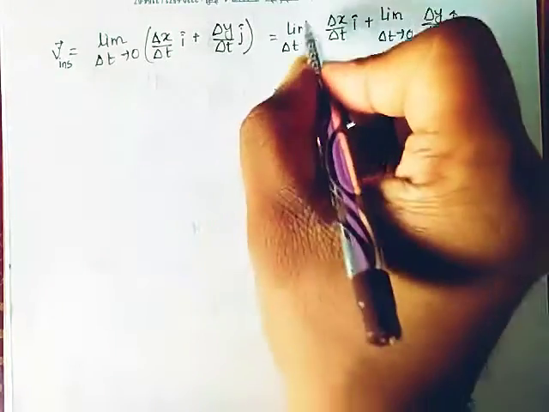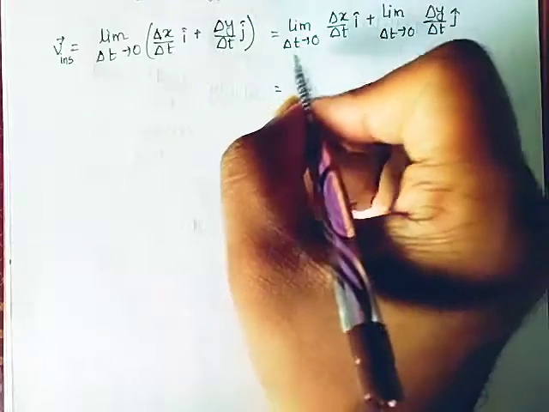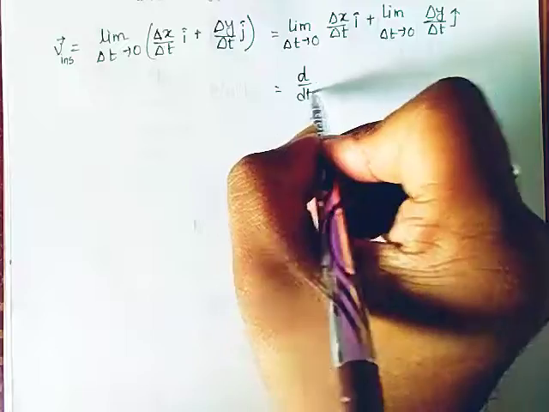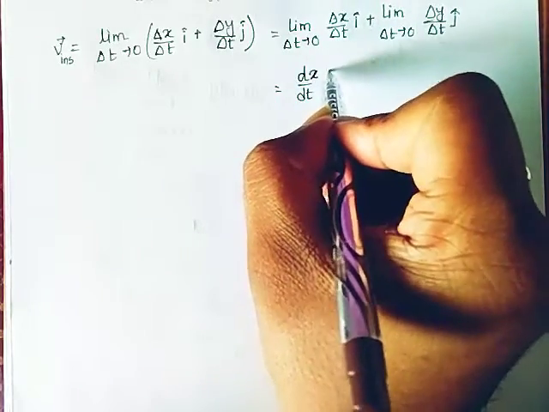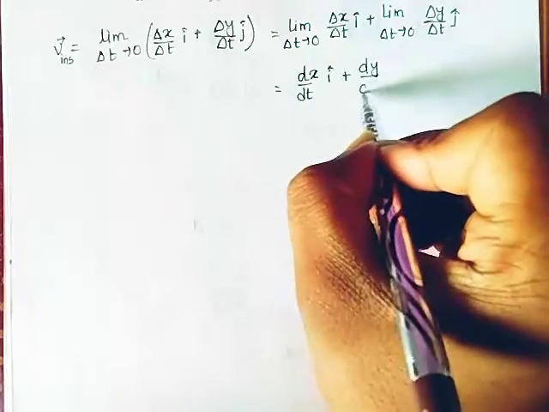So this basically defines the definition of differential calculus. This can be written as d/dt, so it becomes dx/dt i cap plus dy/dt j cap.